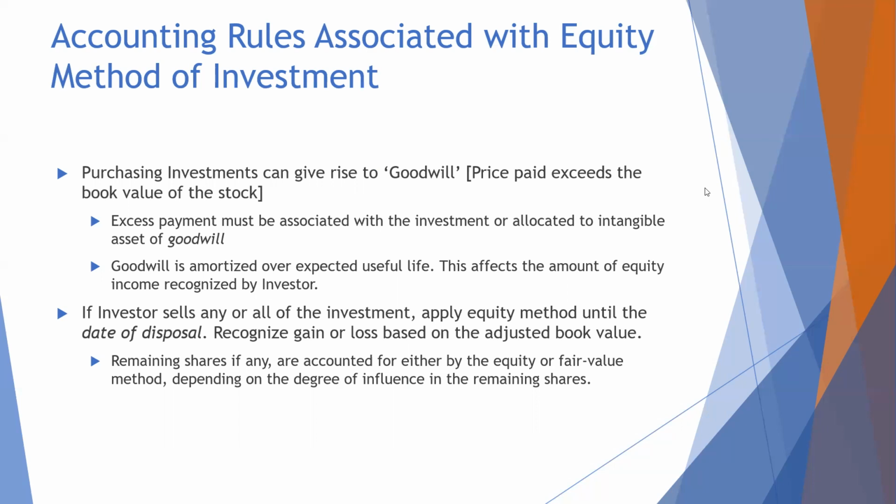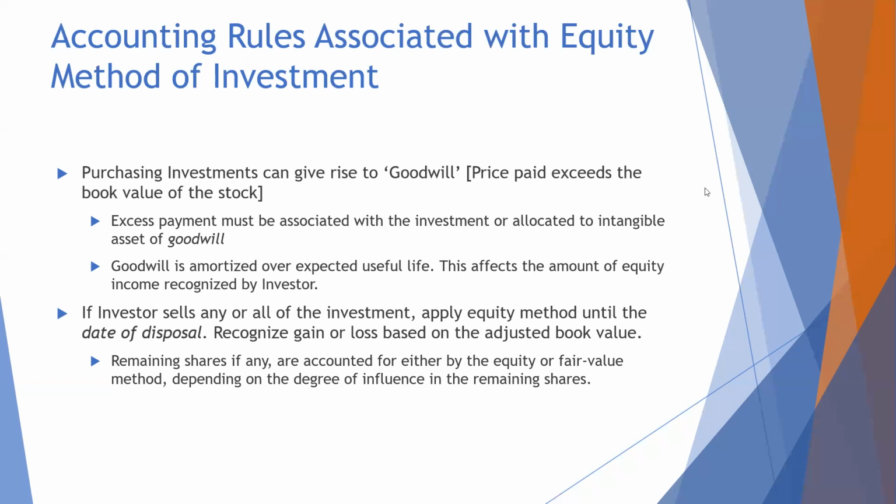So that excess payment has to be associated with the investment, or it's allocated to the intangible asset of goodwill. And then goodwill is amortized over its expected life, and that will affect the equity income recognized by the investor because we have to factor in the amortization of that goodwill.